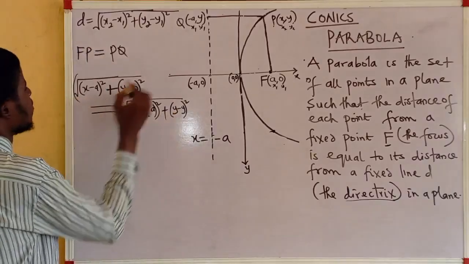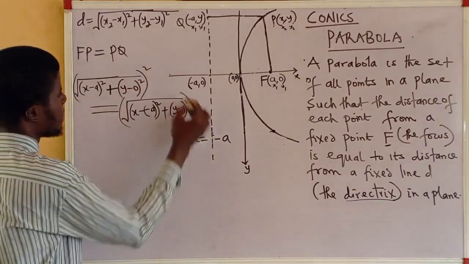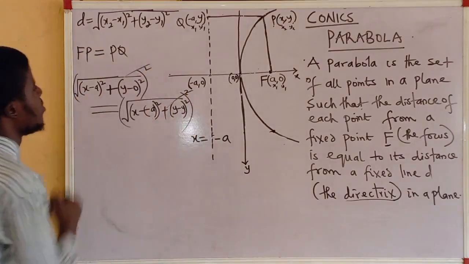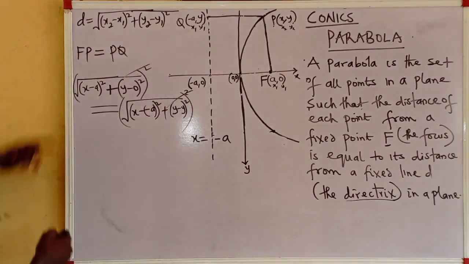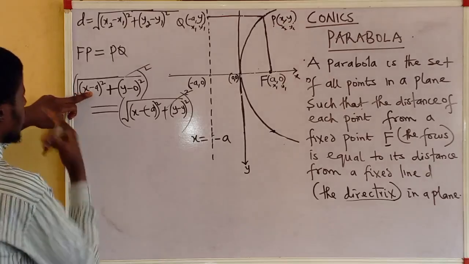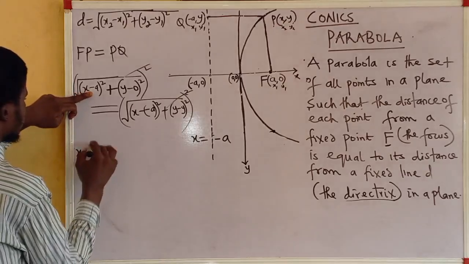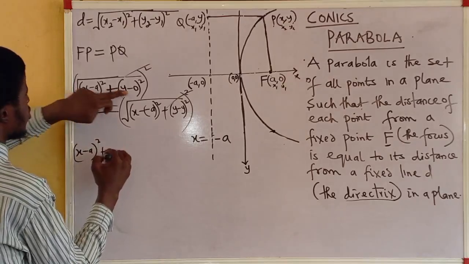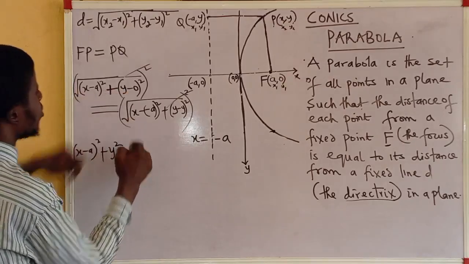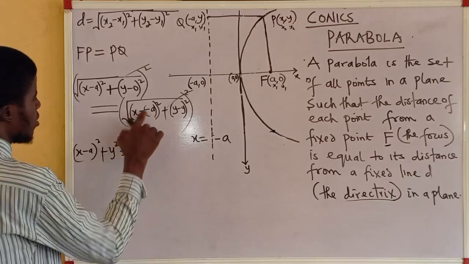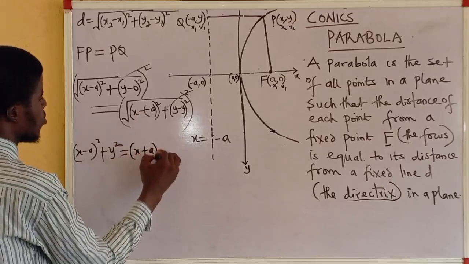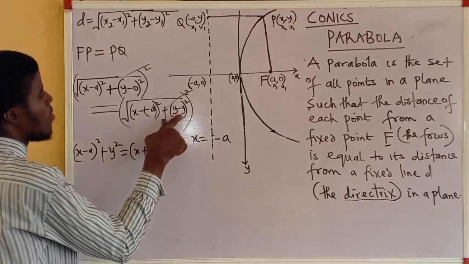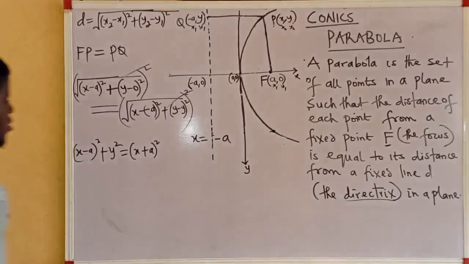So if we take the square of both sides, the square root will be eliminated. Okay, we have x minus a squared plus y squared equal to x plus a squared. All right, y minus y is 0, so plus 0 squared, that's 0.